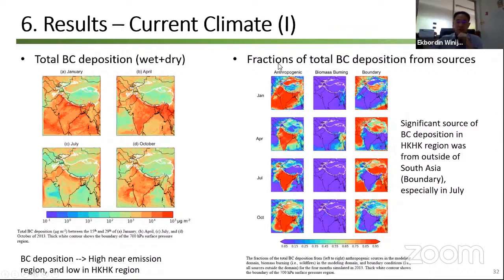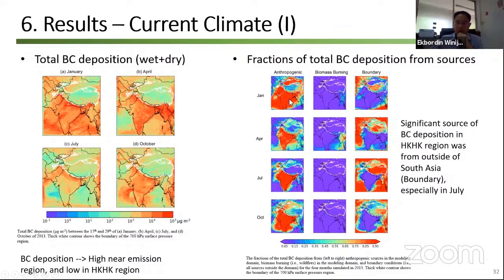And then we are interested to see whether the fraction of BC that deposits in this HK area is coming from inside of our study area or outside of our study area. The left-hand side here is anthropogenic in the area.